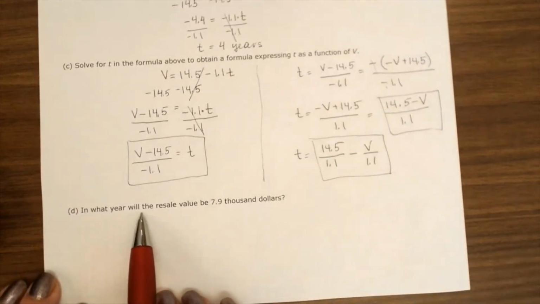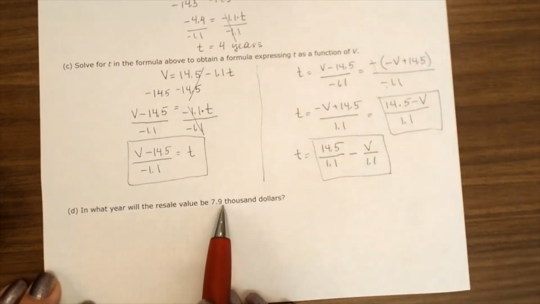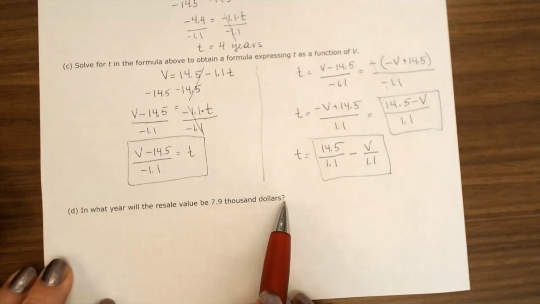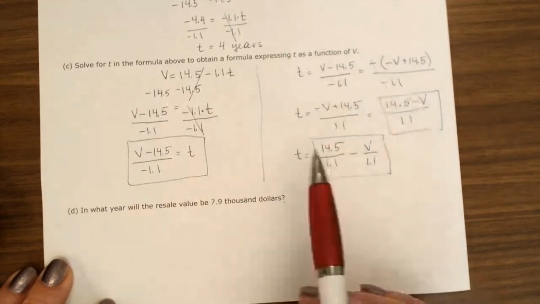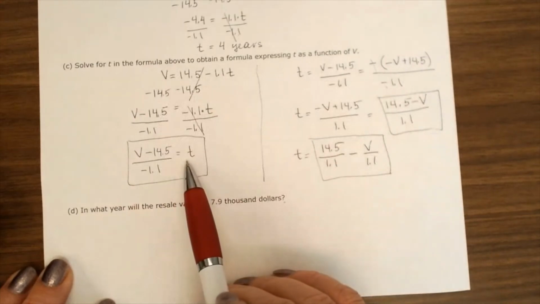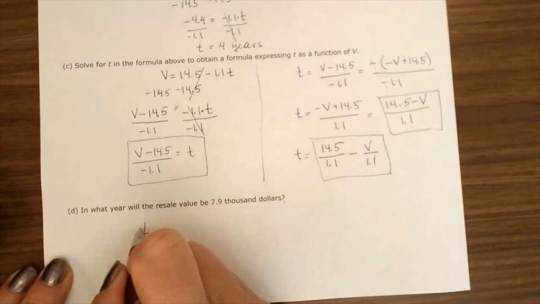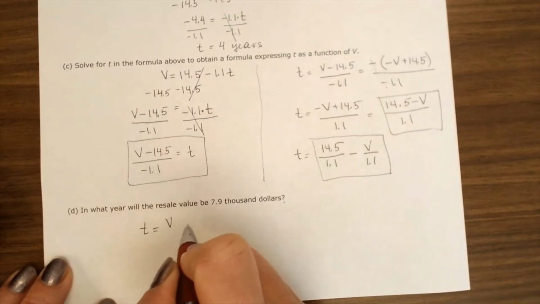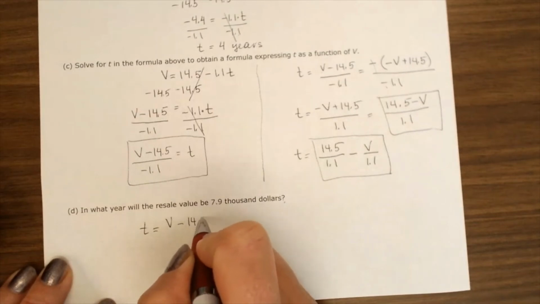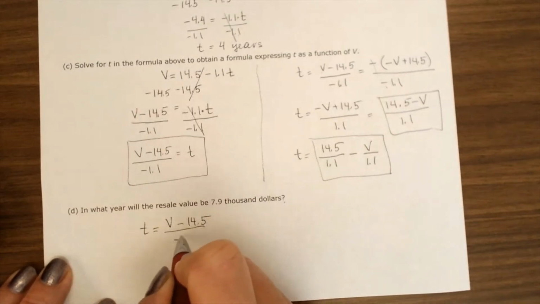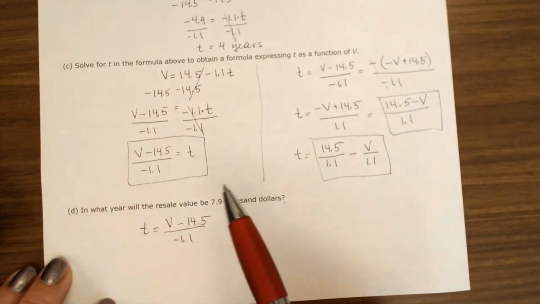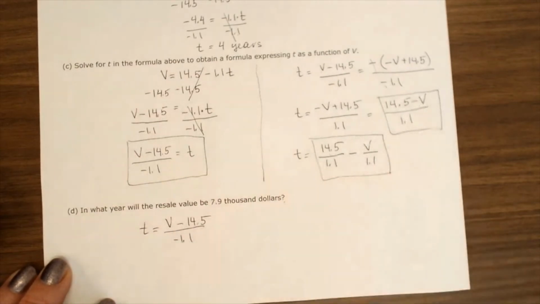In what year will the resale value be $7,900? And you need to use the formula that we found here. So t is equal to V minus 14.5 over negative 1.1. You can use any of these three formulas.